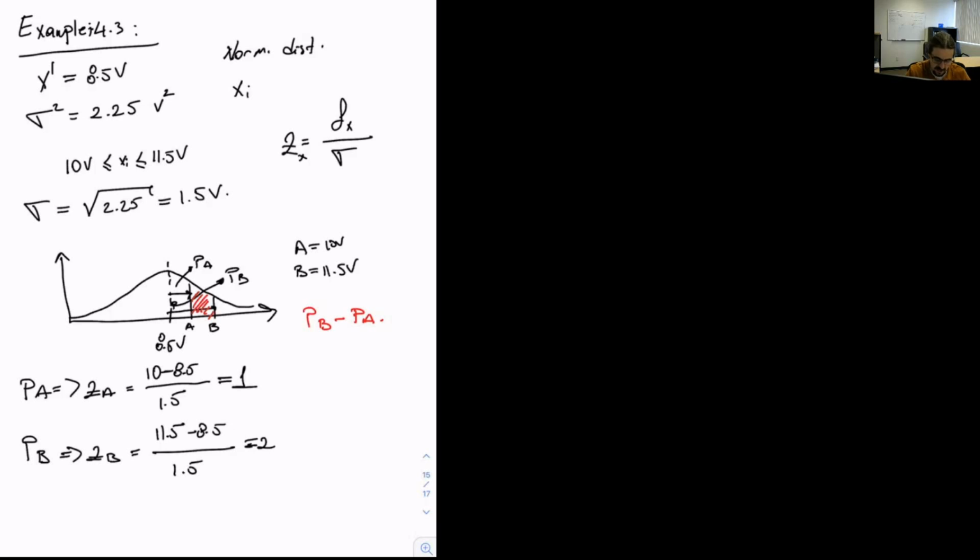So we can look at the integral solutions from your table for z equal 1 and z equal 2. This is table 4.3, and you will find that PA is going to be 34.13%, and then PB is going to be 47.72%.